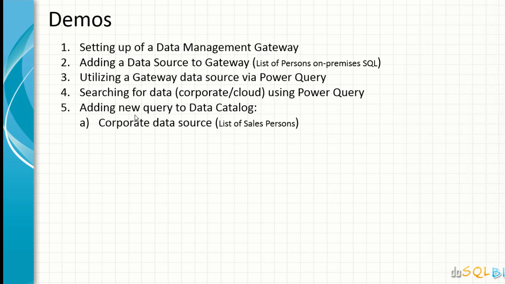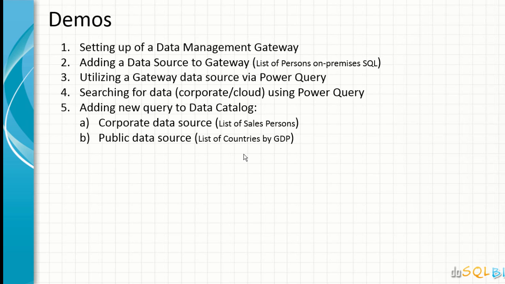We will add a query that utilizes the corporate data source to the data catalog, in this case salesperson data. And then we will also add a query to the data catalog from a public data source, which is a list of countries by GDP.